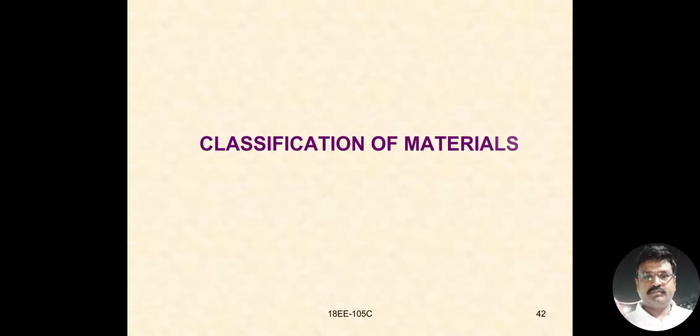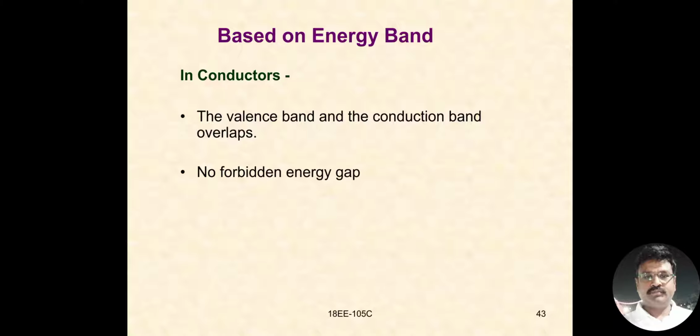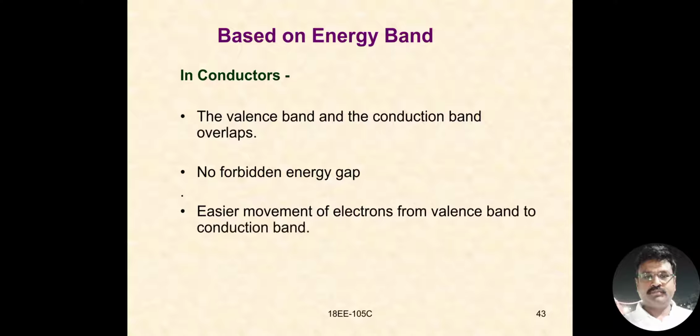The next, classification of materials based on energy bands. Now let us see. Based on energy band, first starting with conductors, the valency band and conduction band overlap. No forbidden energy gap, means the energy gap is less or none.